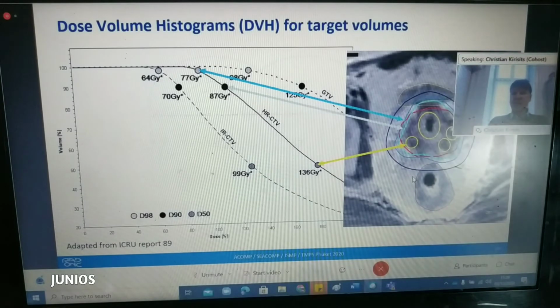And we can see here also these hotspots, for instance, in the D50. So in inverse automated planning, if we really want to control all of this, we have to automatically integrate the entire DVH, and not only the D90 for the future. Also the IRCTV is of importance, which is actually related to this isotope.